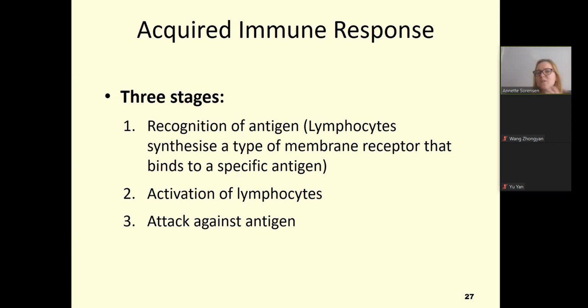It is something which is very specific to one type of pathogen. And then you need to get activation. So we have recognition of antigen. We need to get activation of the lymphocytes. And then obviously we need to get some kind of attack against this antigen to get rid of whatever pathogen that might be.